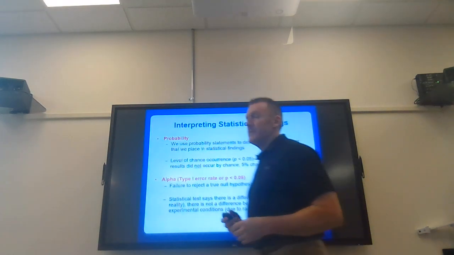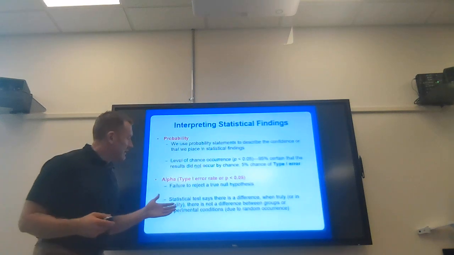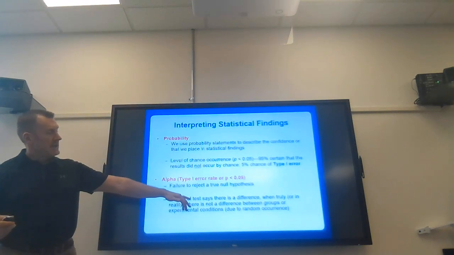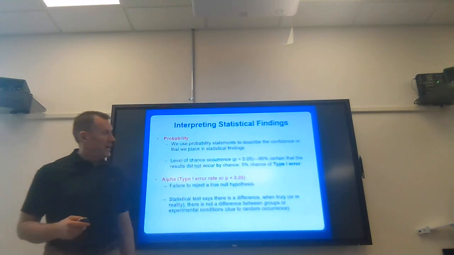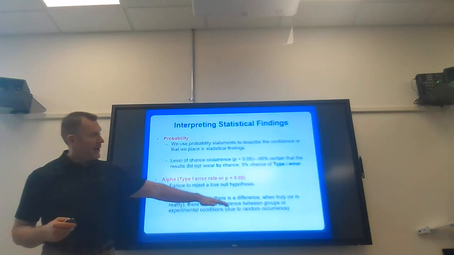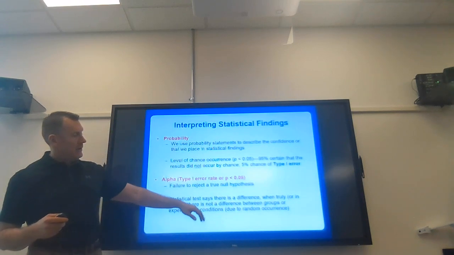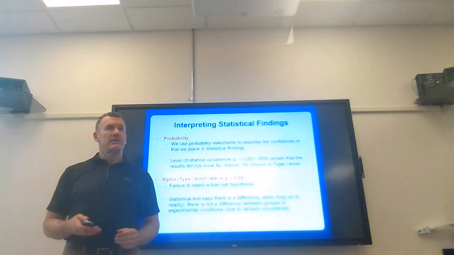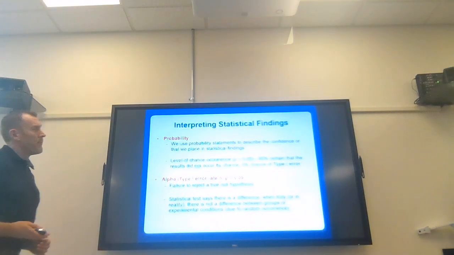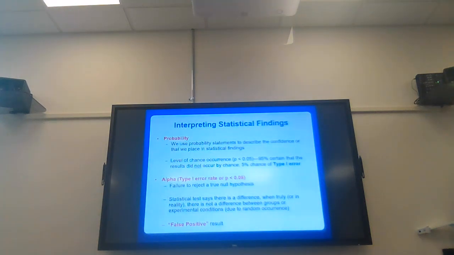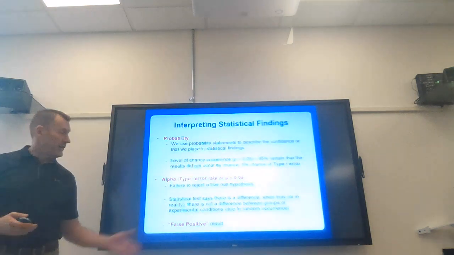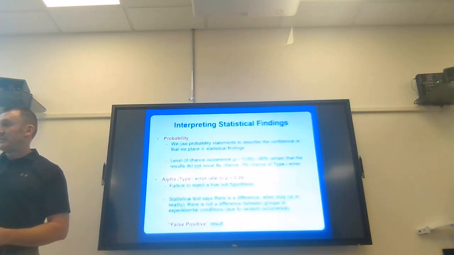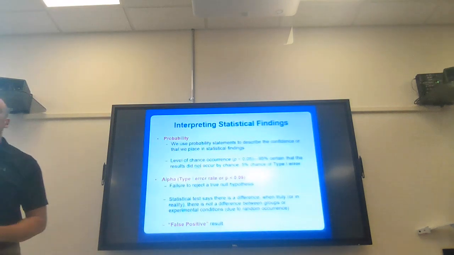In plainer terms, our statistical test says there is a difference when truly there is not a difference between conditions, so differences were due to random occurrence. Another way of thinking about a type 1 error is a false positive result.